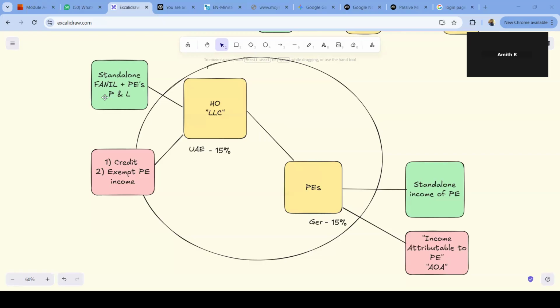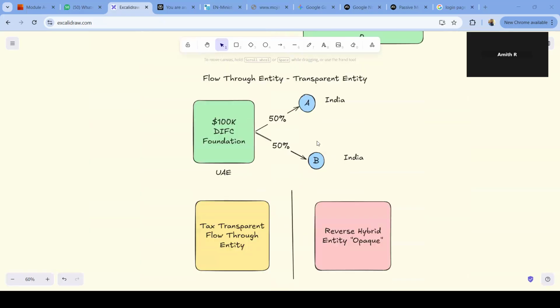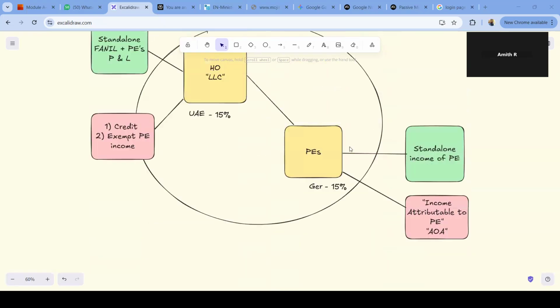Okay, I'm getting more questions. So how PE and how flow through entities are decided or regarded in terms of allocation of GloBE income is the final chapter. This is a very technical chapter. You can only understand it if you're very clear with how PE allocations work in practice.